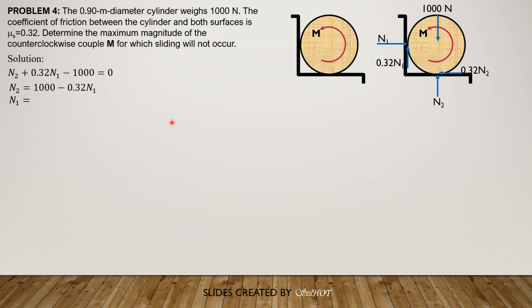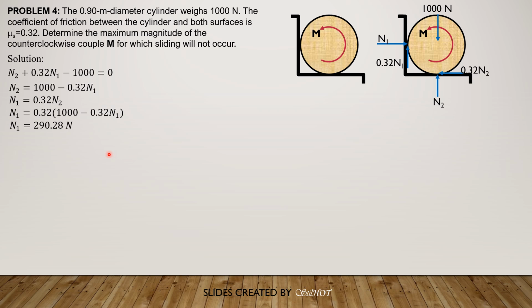Then summation forces X, N1 equals 0.32 of N2. So substituting the value of N2, which is 1000 minus 0.32 of N1, then we can now solve N1 equals 0.32 times 1000 divided by quantity 1 plus 0.32 squared. So N1 is equal to 290.28 newtons.